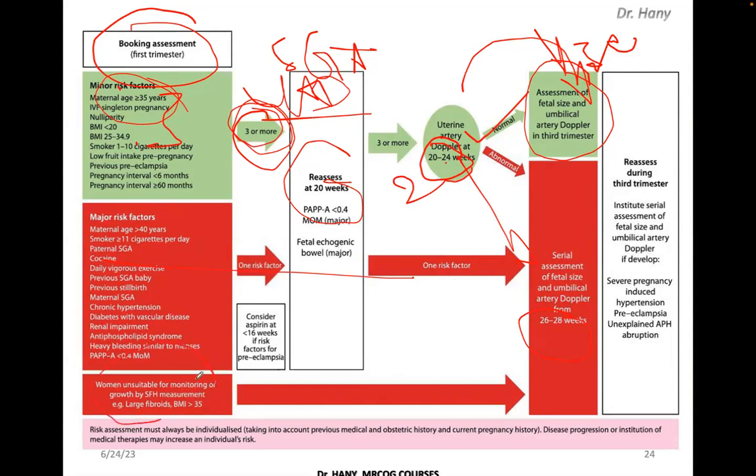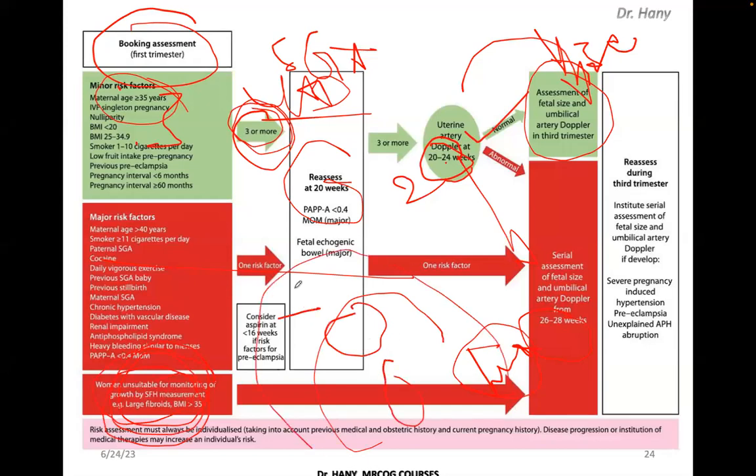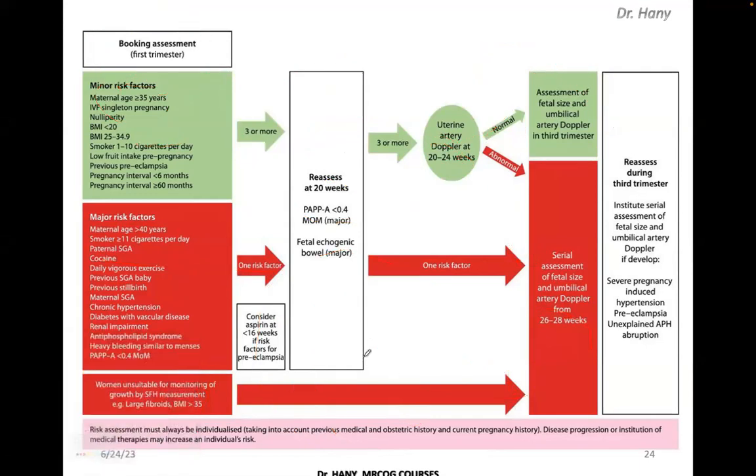If there is fibroid or high BMI, I will not assess by the symphysiofundal height because the symphysiofundal height will be inappropriate. So I need serial assessment of the fetal size, because the estimation will be wrong. The fibroid will give you a bigger gestation, and the high BMI always gives you a higher symphysiofundal height than usual or higher than expected.